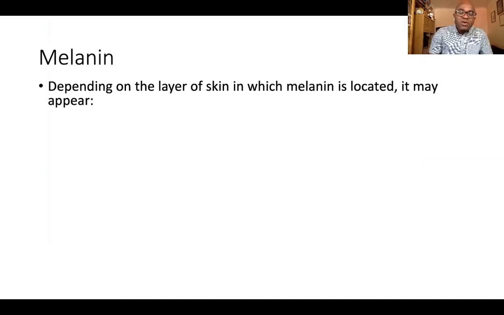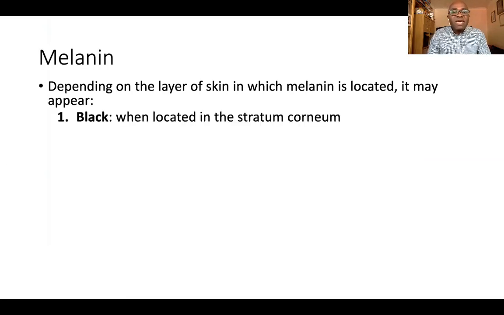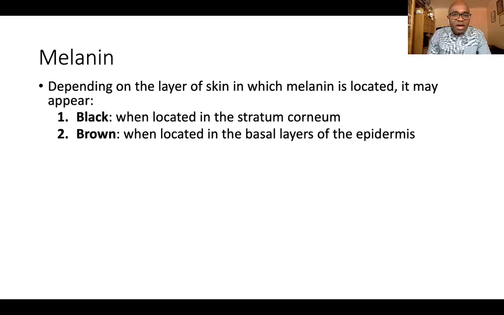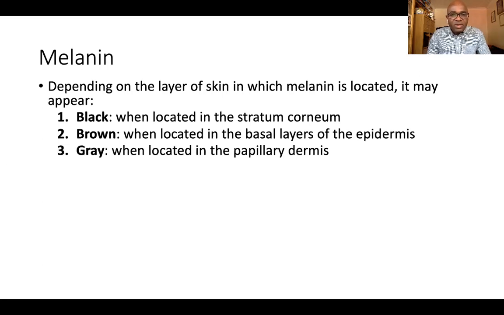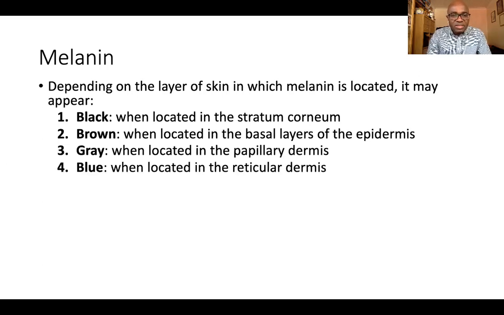So the color of melanin depends on the layer of the skin in which it is located. It may appear black when it's located in the stratum corneum. It may appear brown when located in the basal layer of the epidermis. It may appear gray when located in the papillary dermis.